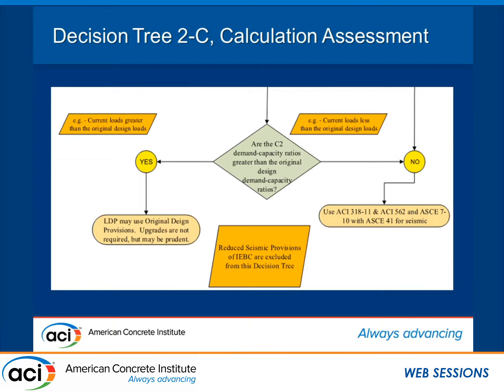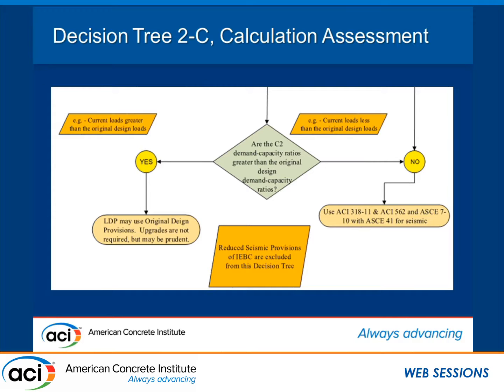If you say 562 is appending 318 for existing buildings, then you're set. Okay, so that's one way. That's the best way. The other way is, it is the current standard of care, and you are required legally to use the current standard of care. Okay?